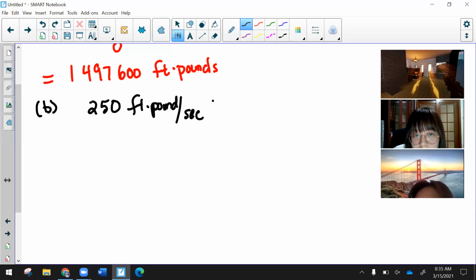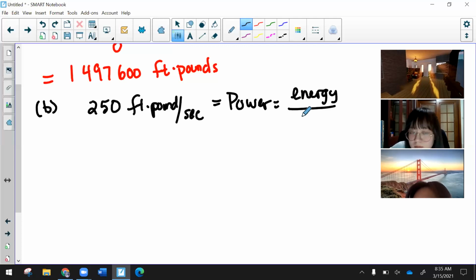Okay, so this is power, or energy per time. And do I know how much energy I need altogether? How much energy do I need altogether, Fiona?